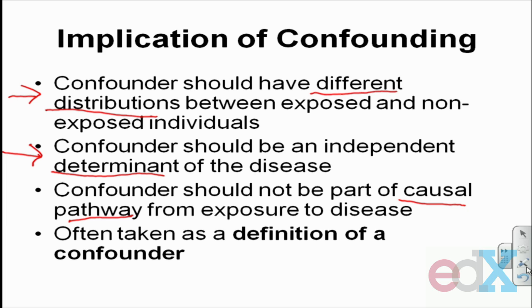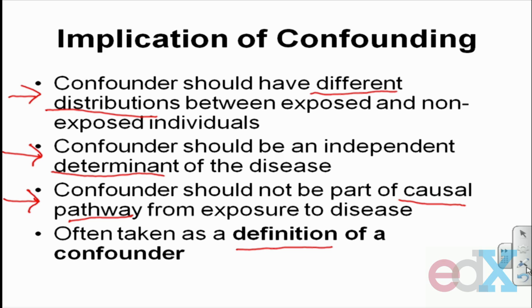We're not saying that age is part of this causal mechanism, the direct pathway connecting smoking to heart disease. It's a backdoor pathway. So these three properties of confounding are the typical ones you'll see in epidemiologic textbooks when they describe the definition of confounding. So let's make this our working definition, that a confounder has to have these three properties.